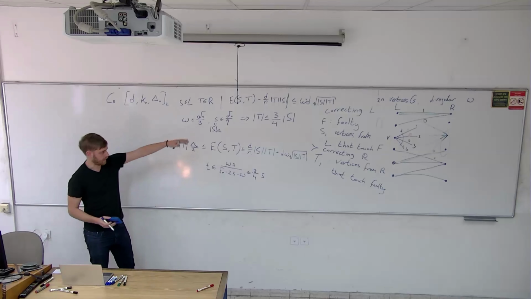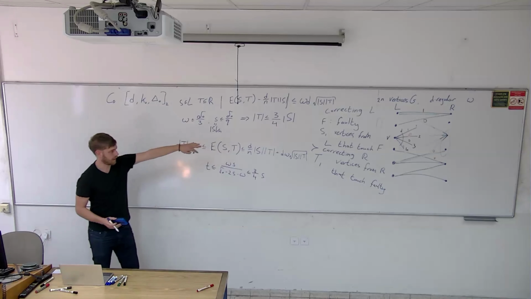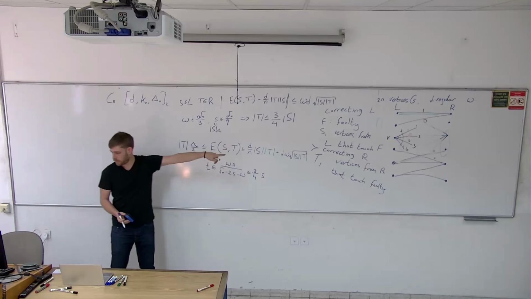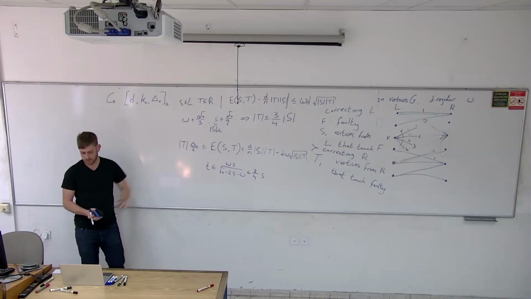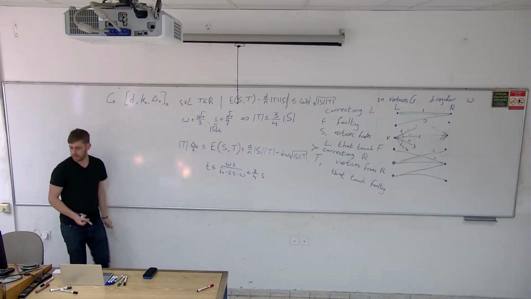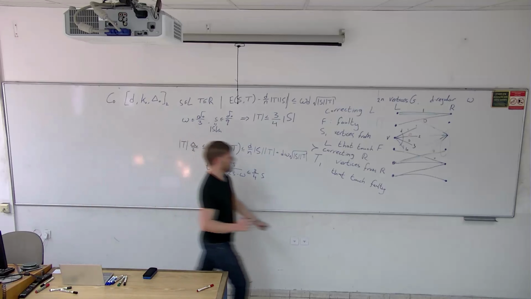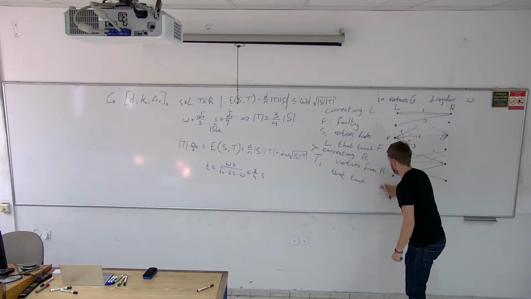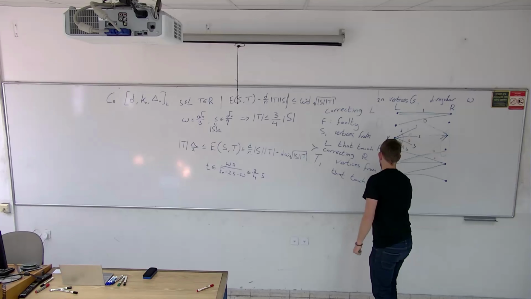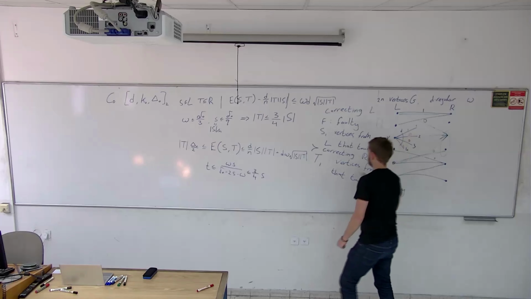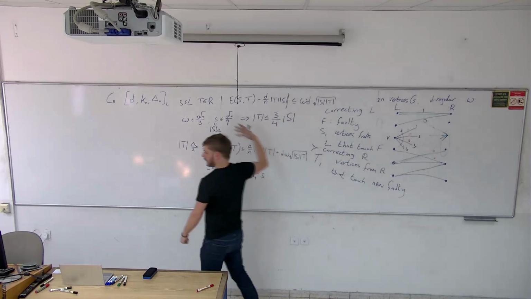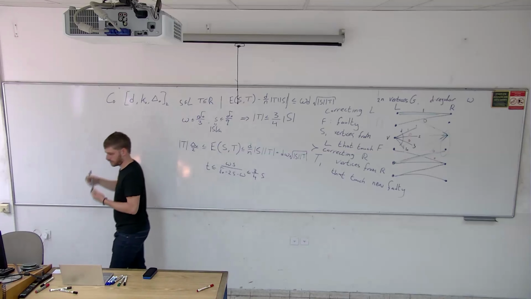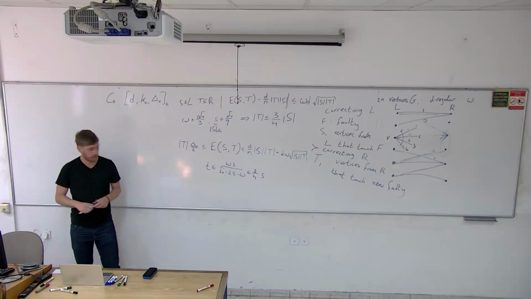So F and S are the same, but now I define T1 instead of T delta 0 over 2. I look at T1, but with new faulty edges, not necessarily in F, as I run a correction step and I change things.